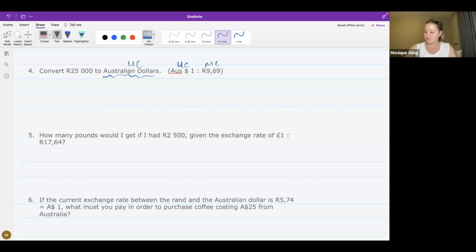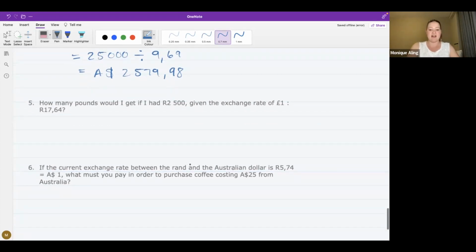So we are going to be dividing by the exchange rate of 9.69, and we get 2,579.98 Australian dollars. Okay, let's see question 5.